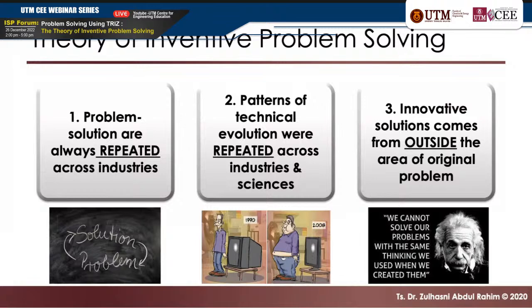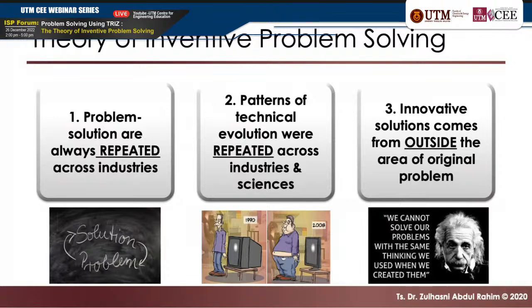It could be a better solution coming from chemical, from the food industry, from electronics, and so on and so forth. So by having these three elements created by Altshuler, your problem solving activity will be faster, cheaper, and better.